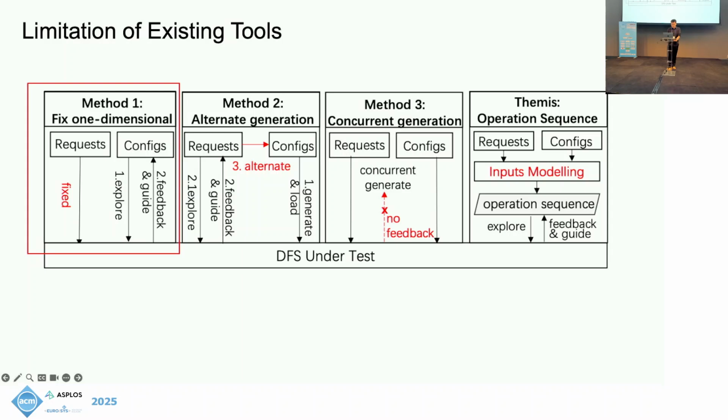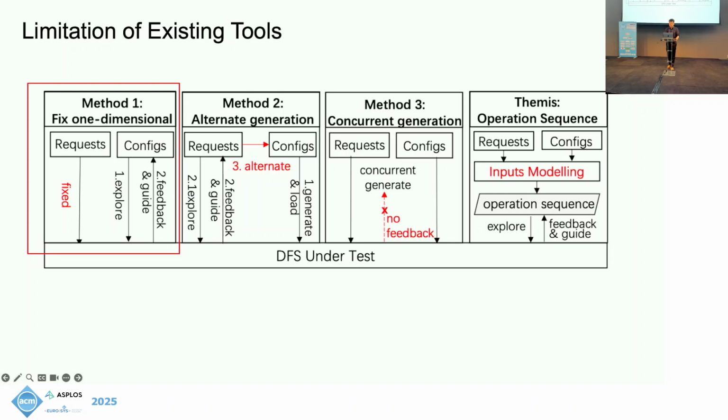With that example, we can see that to trigger such bugs, not only should some workload requests be generated, there are also some related to system configuration settings. Existing work basically has 3 methods to test distributed systems.